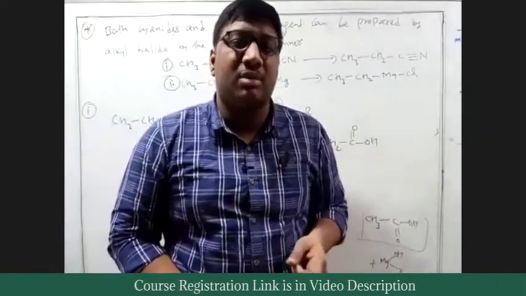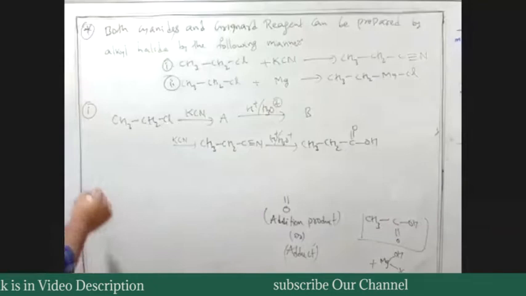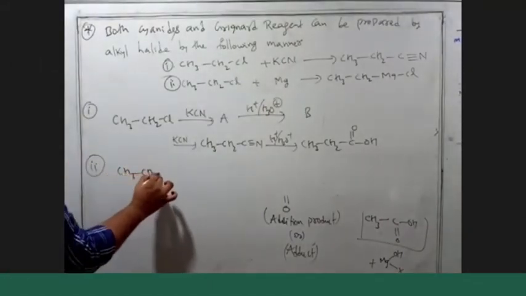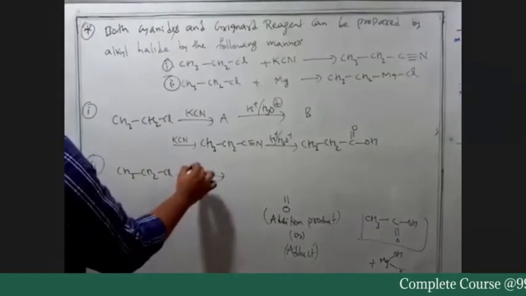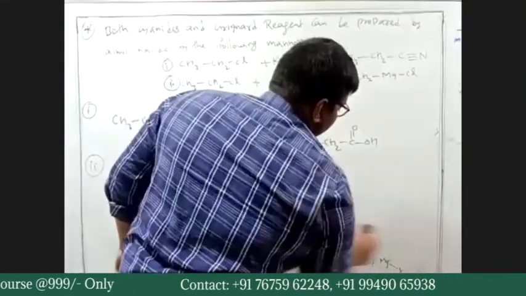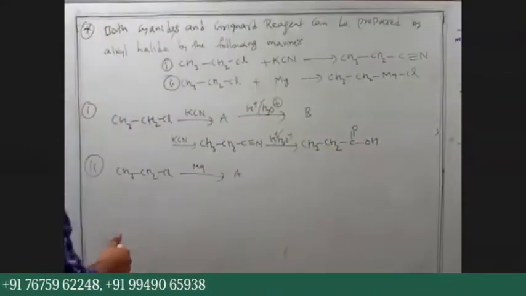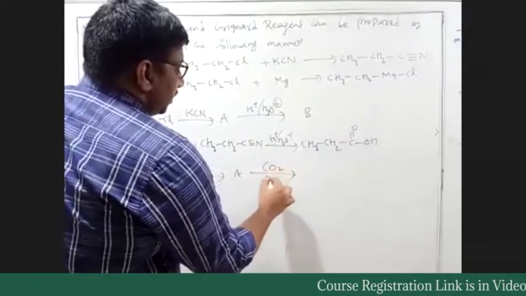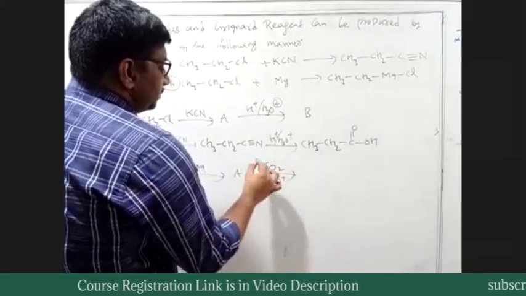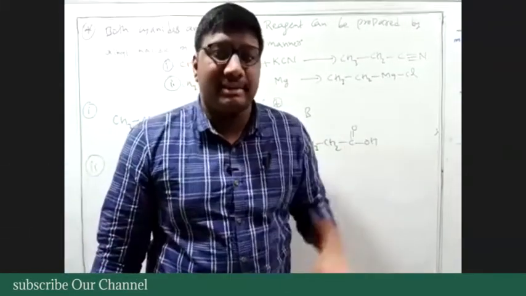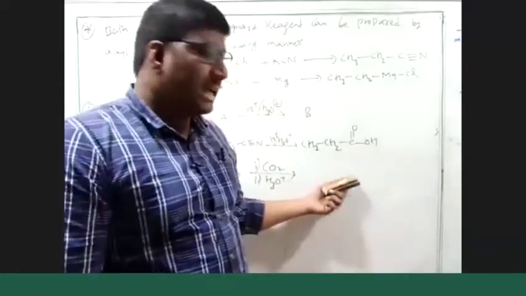Do the same reaction with a Grignard reagent. CH3CH2Cl upon treatment with magnesium will give A. And if it is treated with CO2 and H3O+, Grignard reagents upon treatment with carbon dioxide and then hydrolysis give acids, right?